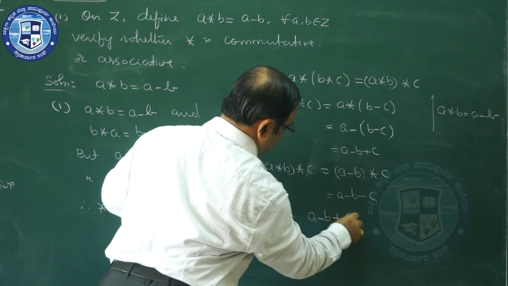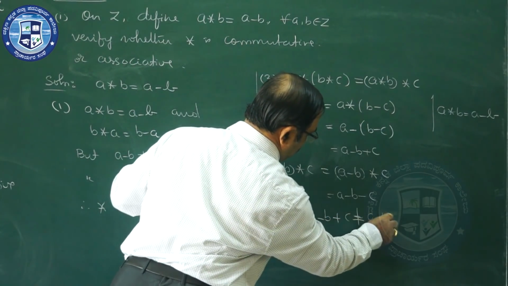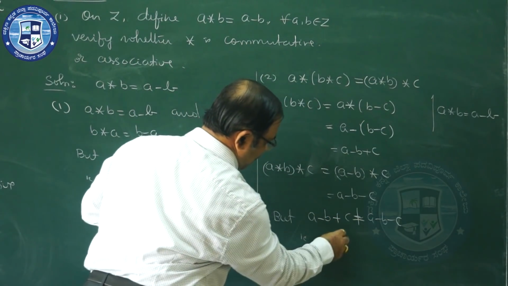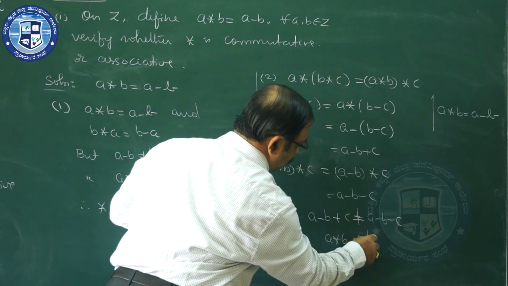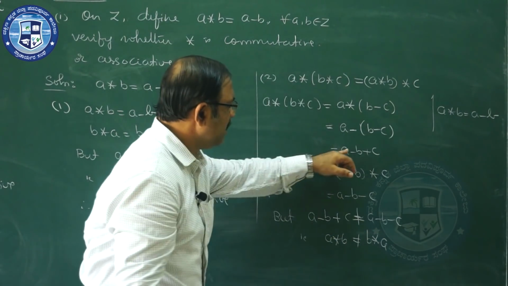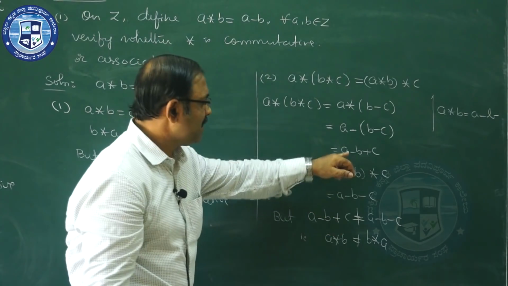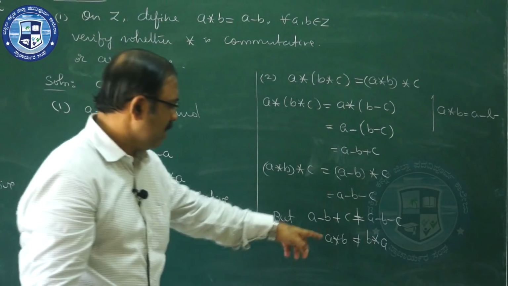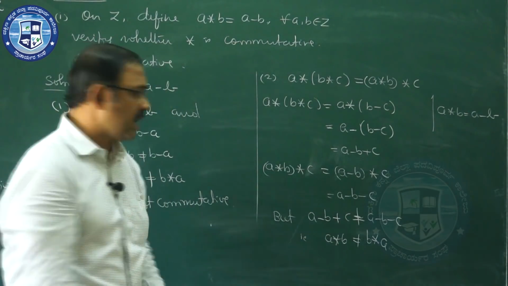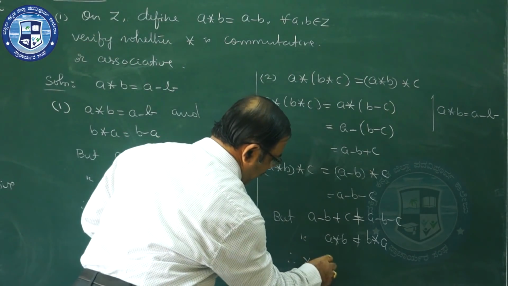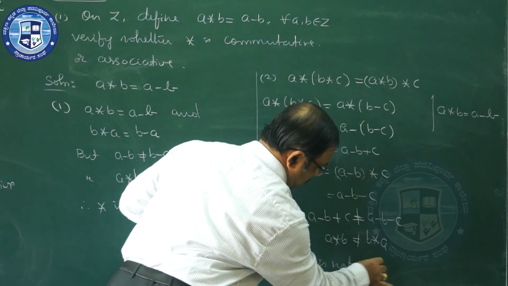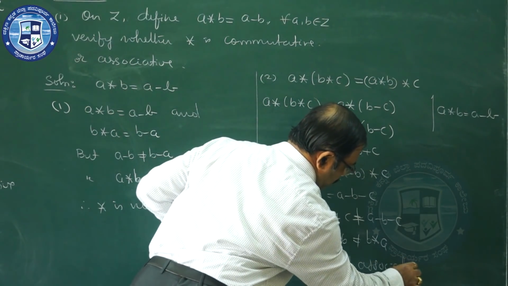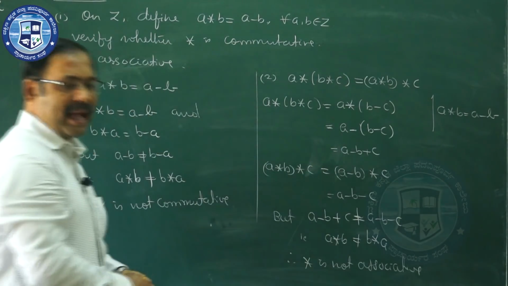A minus B plus C is not equal to A minus B minus C. That is, (A star B) star C is not equal to A star (B star C). See, these two are not equal. Therefore, star is not associative.